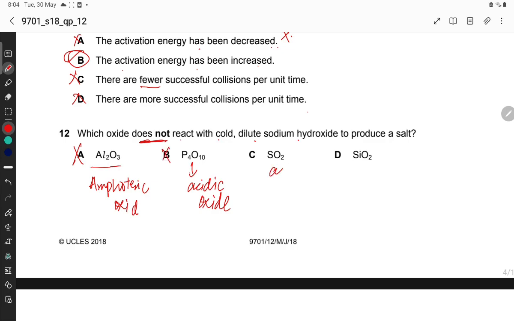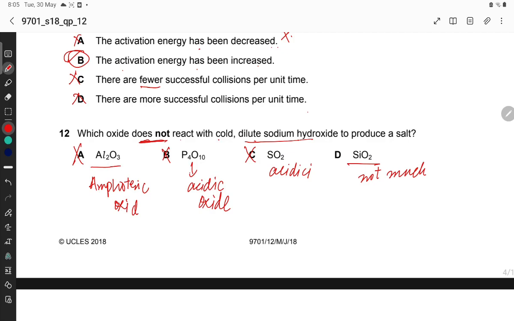Sulfur dioxide is also an acidic oxide, so it can also react with dilute sodium hydroxide to produce salt. So option C is also wrong. So D is silica. Now silica is not very reactive, so it cannot react with cold dilute sodium hydroxide.